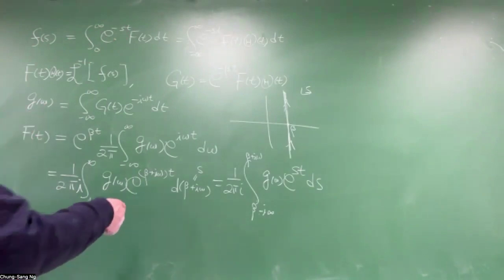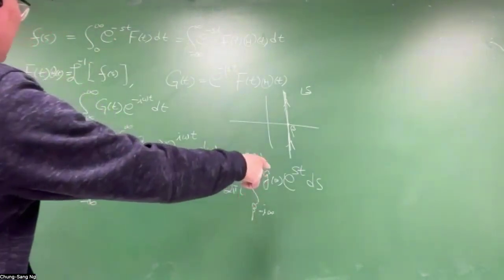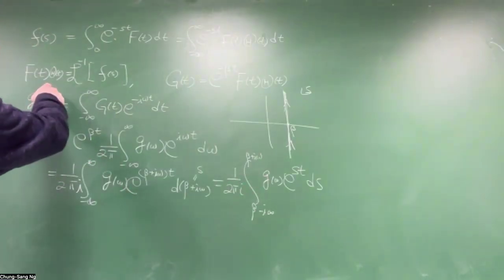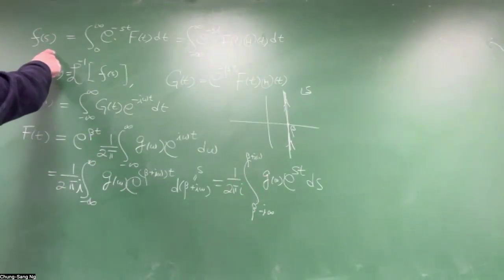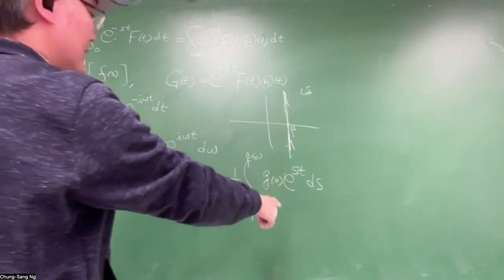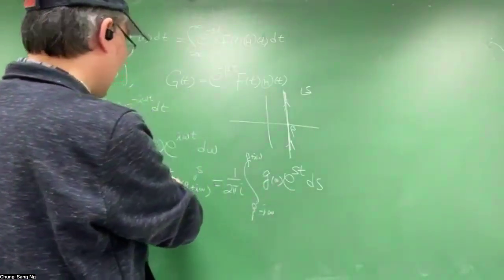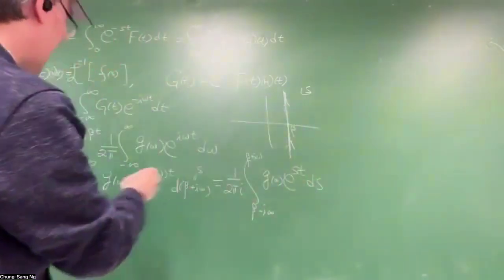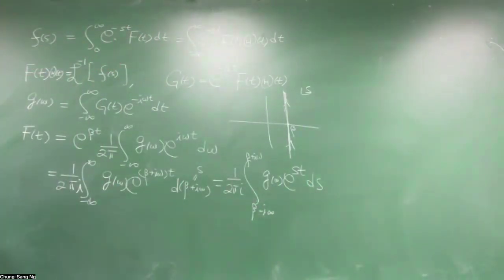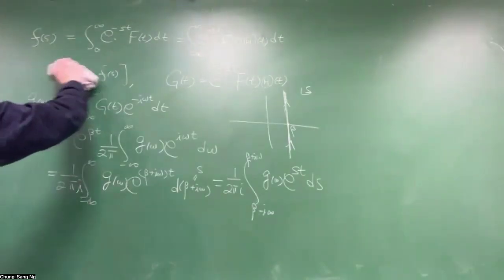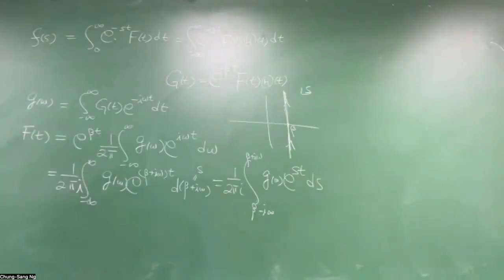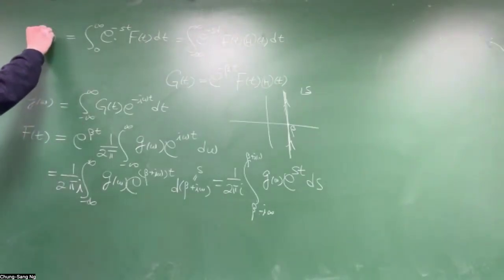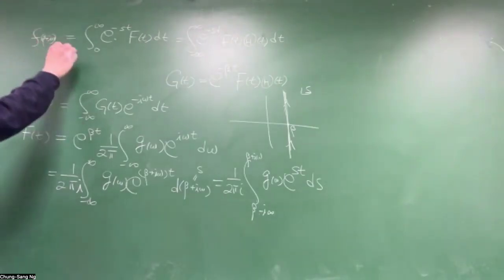You can start from this F, where s is beta plus i omega. So going back to here, I can just erase this one and evaluate that s is beta plus i omega.